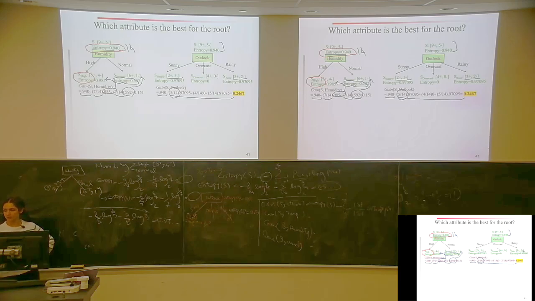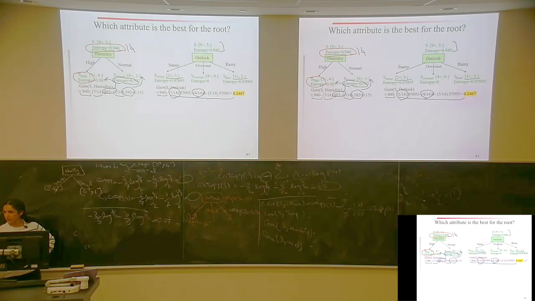And that's why you multiply by 5 over 14. Here you multiply by 4 over 14 because 4 out of 14 instances go into this branch. So basically we want the branches with more instances to matter more.